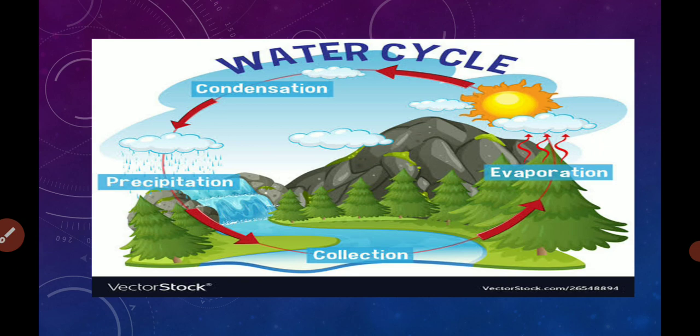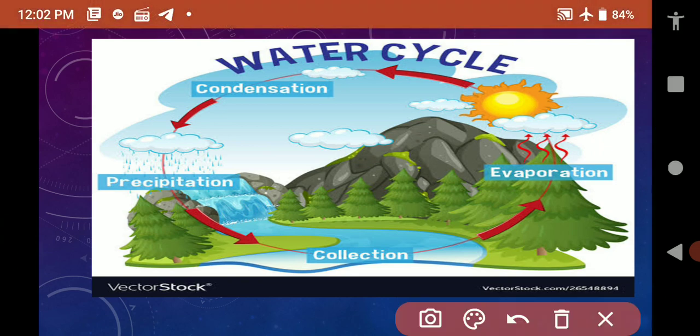Sun heats water of the oceans and water is changed into water vapor. This process is called evaporation. Vapor is light, so it rises up.